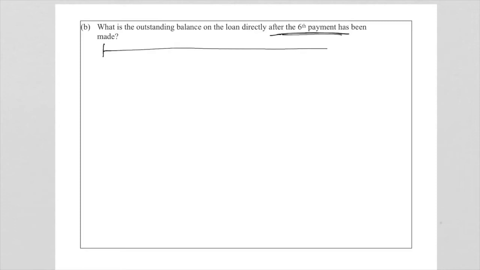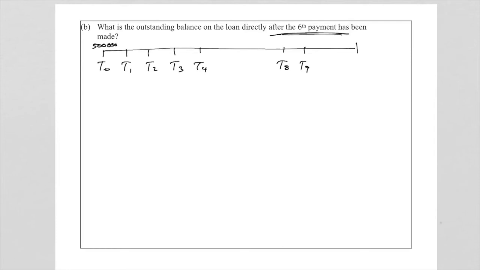So on a timeline, T0, T1, T2, T3, and let's put down T4, and somewhere we will have T8, T9, and so on. As you remember, the loan of 500,000 was at T0.